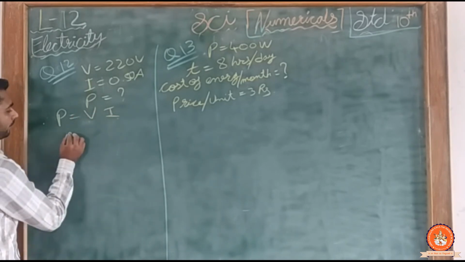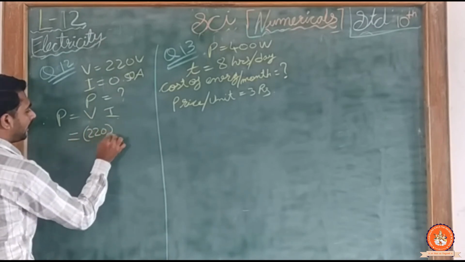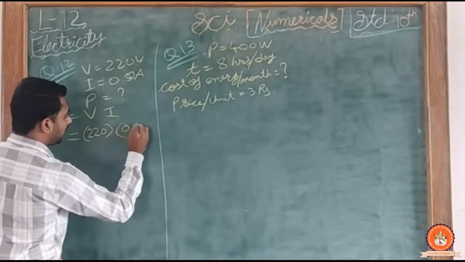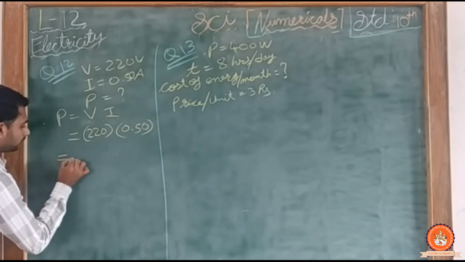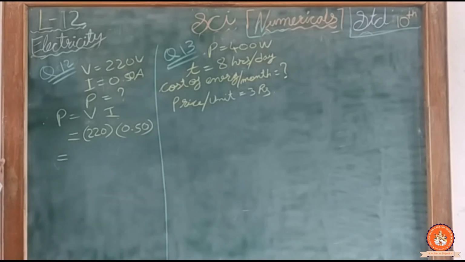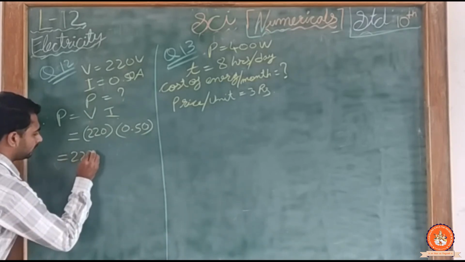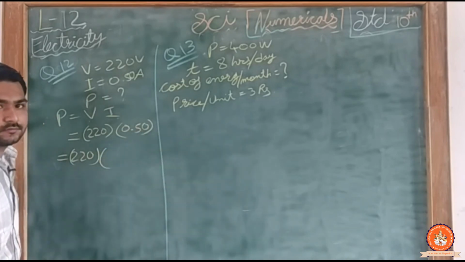Yes or no? So the value of V is 220 and the value of I is 0.50. Clear? Now after solving this I get my answer, but there is a decimal term, so I make it simple: 220, taking this decimal point to the right side.